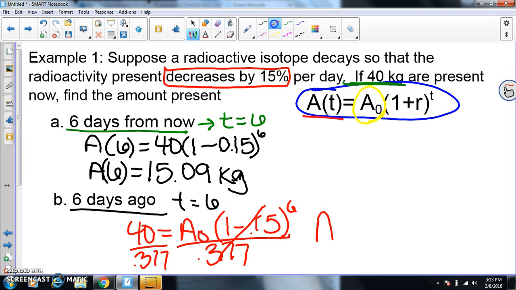And I get A sub 0 is equal to 106 of a kilogram.